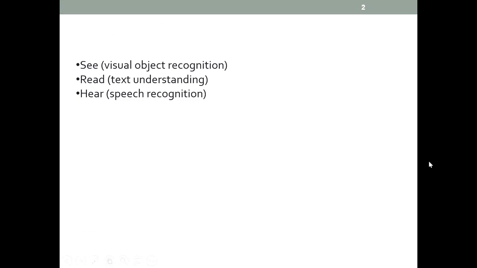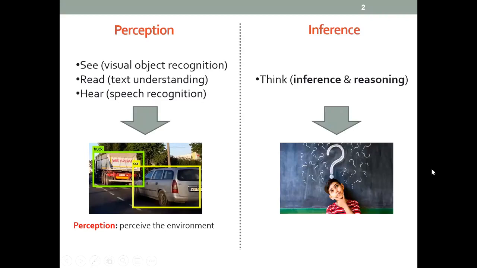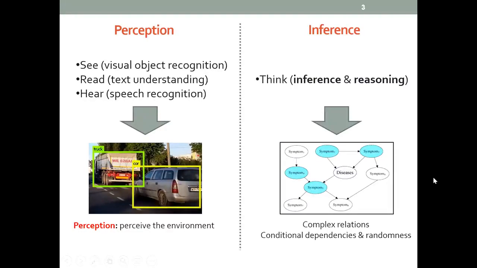So these are all fundamental perception abilities enabling a system to perceive the environment. However, in order to have a truly functioning AI, we also need the ability to think, which corresponds to tasks like inference and reasoning. And here by inference and reasoning, I mean the ability to handle complex relations, conditional dependencies, and randomness among the variables.